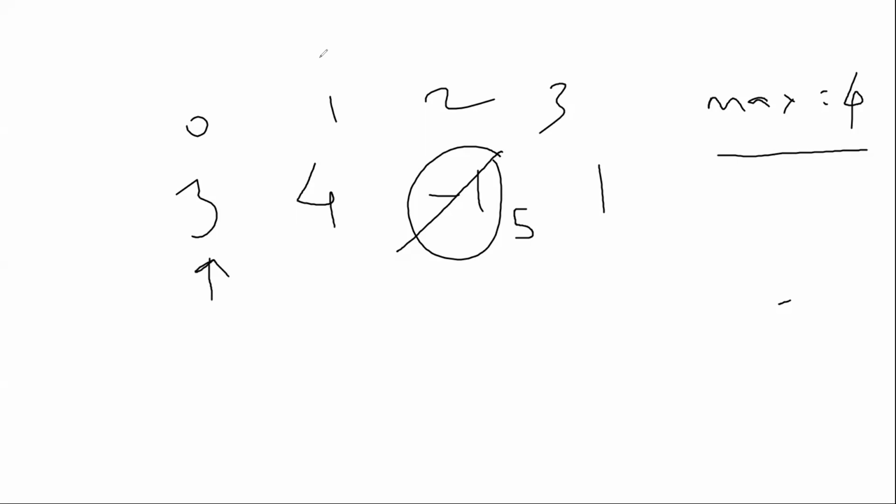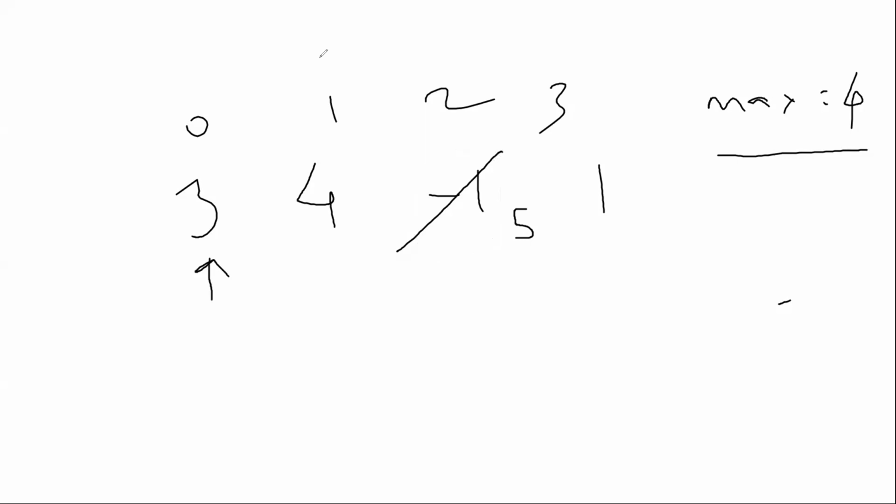By marking, I mean we'll turn it into negative. So you will turn this 3 into negative 3? Actually, I will turn 5 into negative 5, because the index will be this. So you're going to make this negative 5, correct?